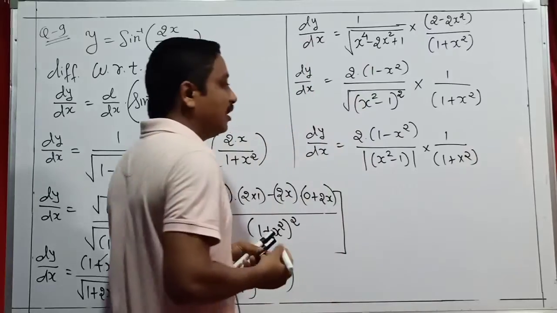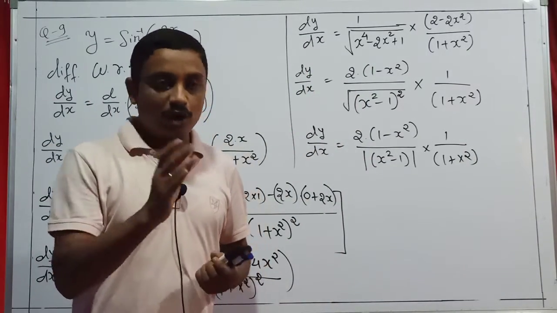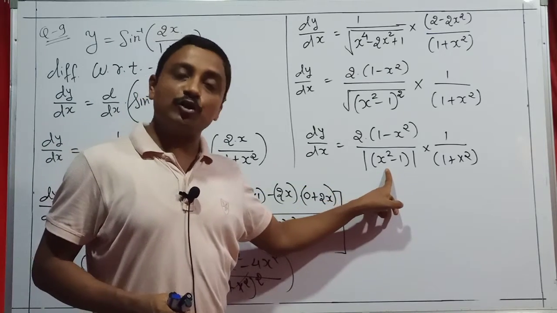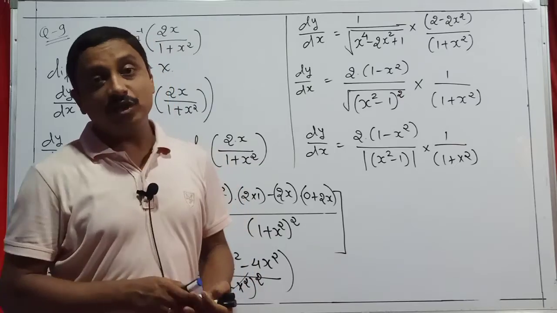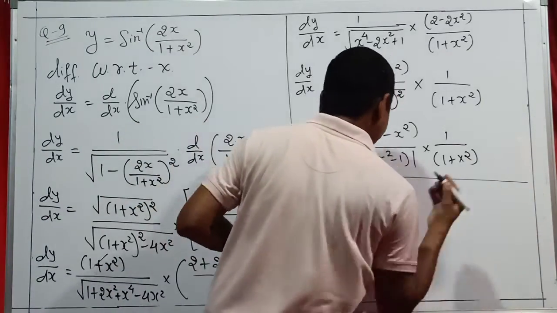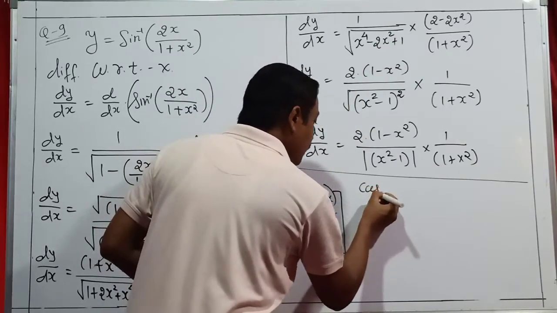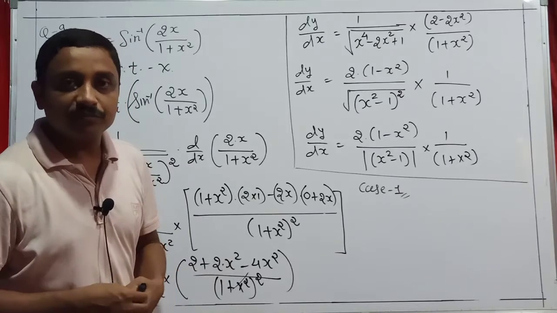Students, here our distinctions now are in 3 cases. One case is positive, another case is negative, another is 0. So one by one I start our cases. So case 1: students, maybe this value is positive.